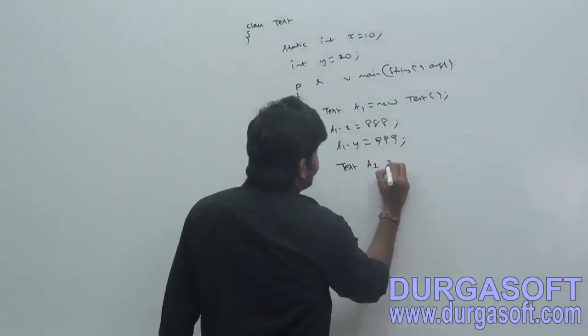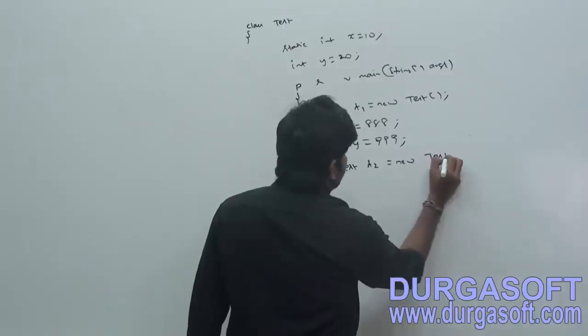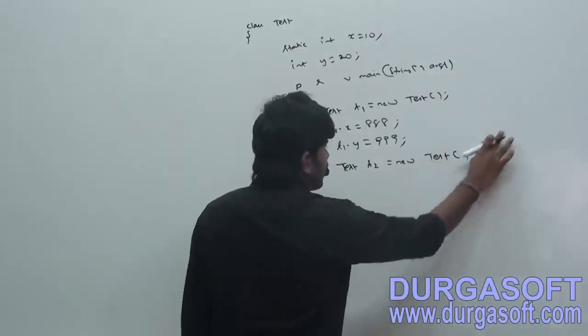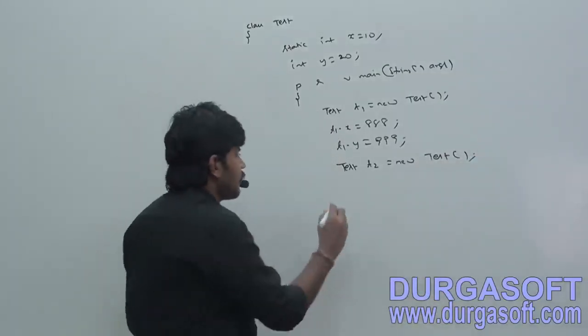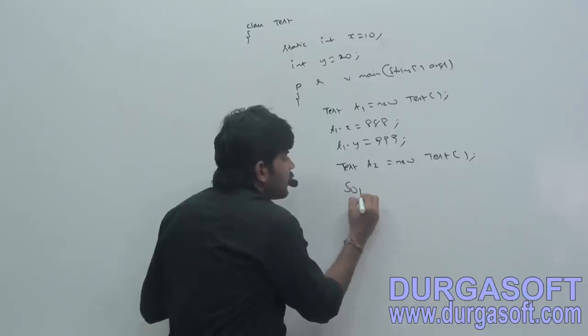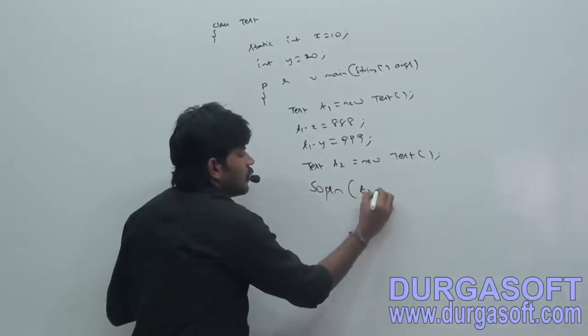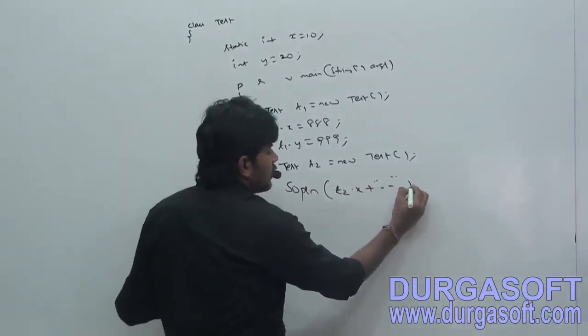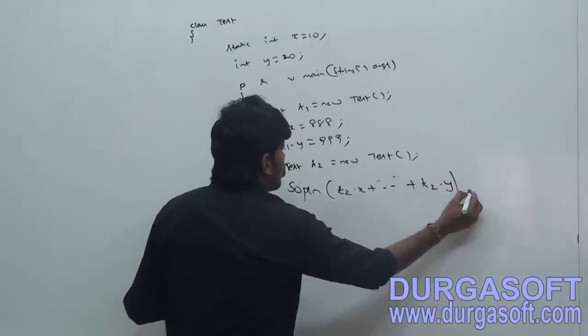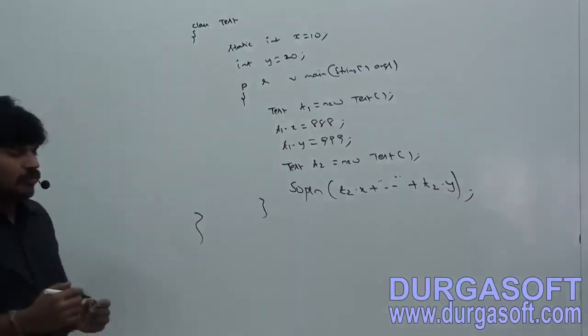Test t2 is equal to new Test. System.out.println of t2.x, t2.y. Sir, can you tell what is the output?